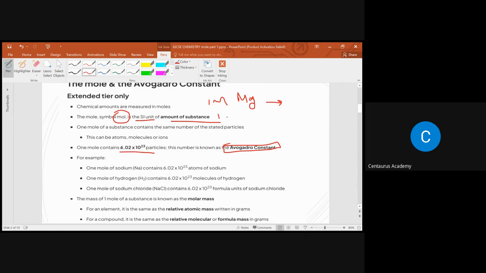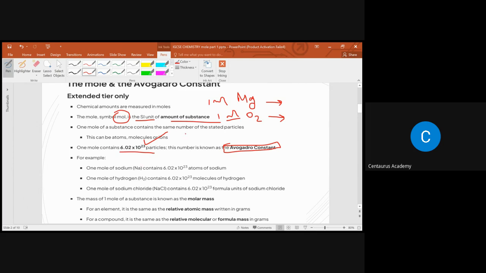Similarly, if I say 1 mole of oxygen molecules, how many particles are present? You would say 6.02 times 10 to the power of 23 molecules of oxygen are present in a mole of oxygen.